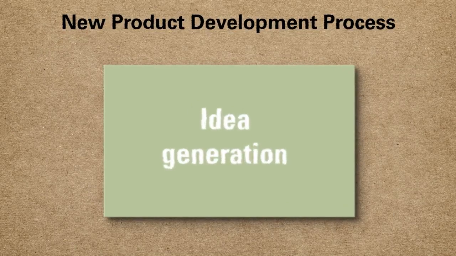Now, with any outcome that comes out of a process, it's critical to get the very first step correct, or to get it right, if you will. If you get that first step wrong, no matter what you do later on, your end result is always going to be a little bit worse off than what you might have wanted. So idea generation, it's an important step.